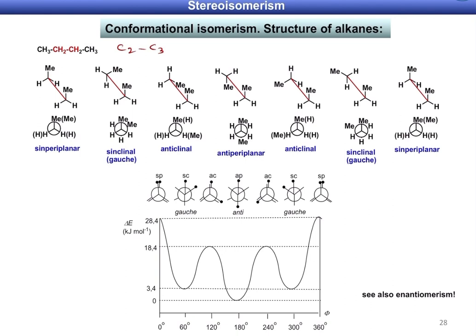In the Newman projection, if you look from here again, we will see 2 methyls up, and you see these 2 methyls behind each other, and this hydrogen behind each other, and this hydrogen in this direction, we say syn periplanar. Okay, it is eclipsed.